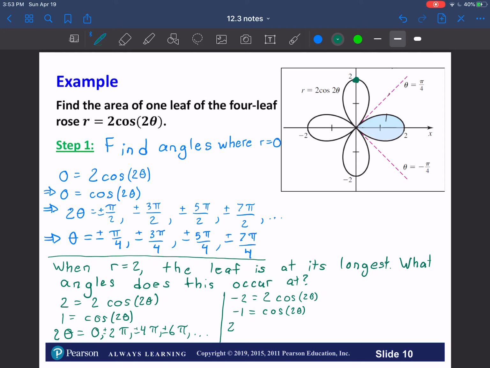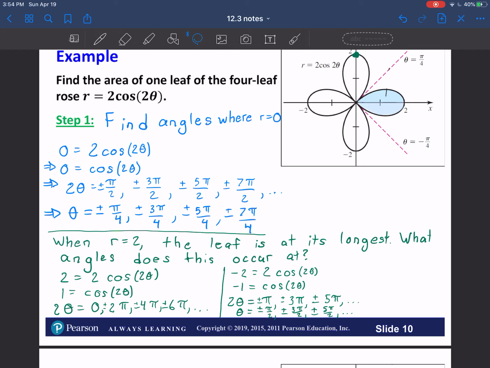This would mean that 2 theta would occur at plus or minus pi, plus or minus 3 pi, plus or minus 5 pi, etc. And if we solve both of these equations for theta, we would get plus or minus pi over 2, plus or minus 3 pi over 2, plus or minus 5 pi over 2, etc. And I'll have to give myself a little bit more space here.